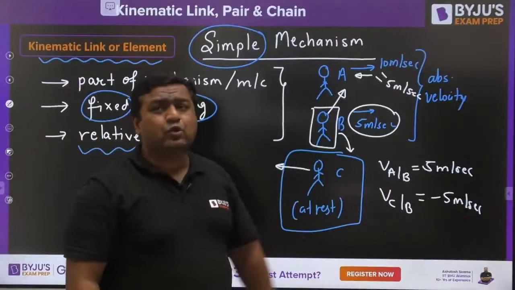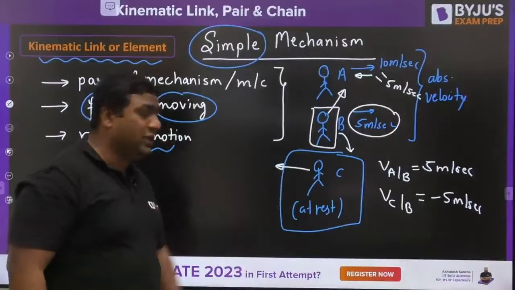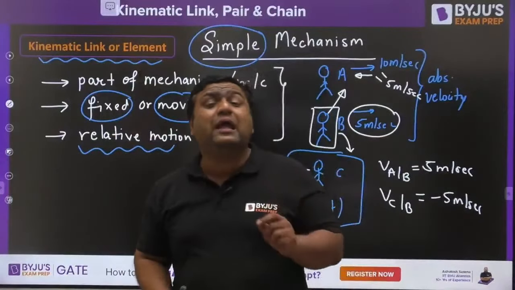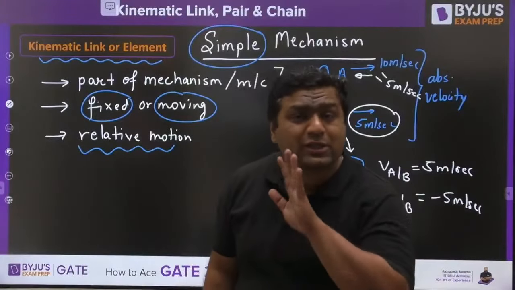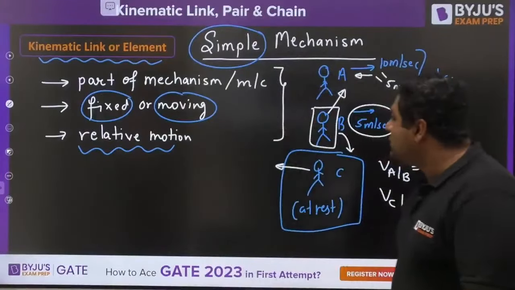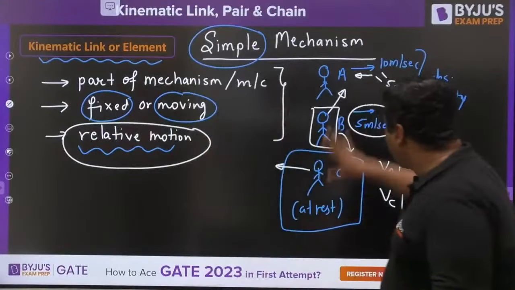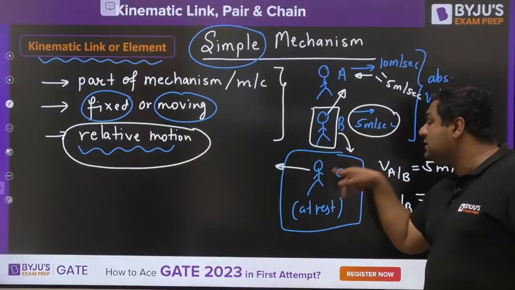So according to B, C is not at rest, C is in motion. So that's what I wanted to say, that for a kinematic link, relative motion is required, absolute motion is not required. So if you want to say anything a link, it must have relative motion with respect to others. If you see absolutely, C was at rest, but relatively, C is in motion.